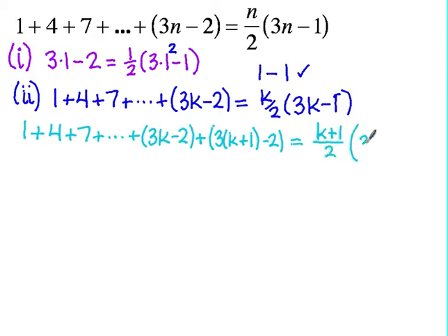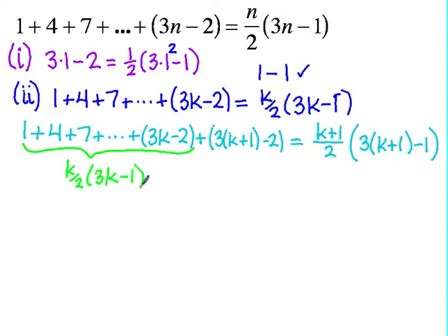And then parentheses, 3 times k plus 1 minus 1. Well, you know that first part, as you've said, this whole first part here equals k over 2 times 3k minus 1.